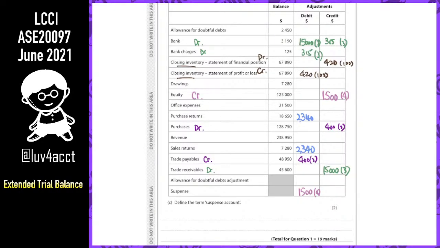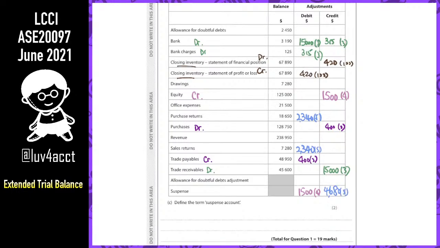The corresponding credit entry, 4680, would be in the suspense account, because when you made the mistake, you credited 2 times. Now for correcting this mistake, you debit purchase returns, debit sales returns, and the corresponding entry would be suspense. So this is item 5.